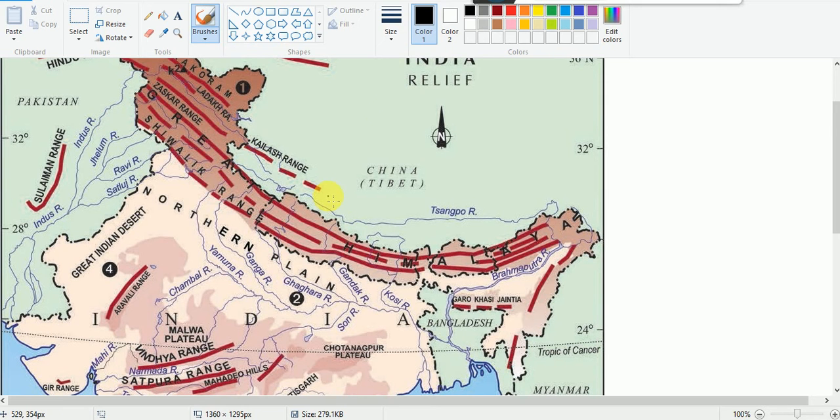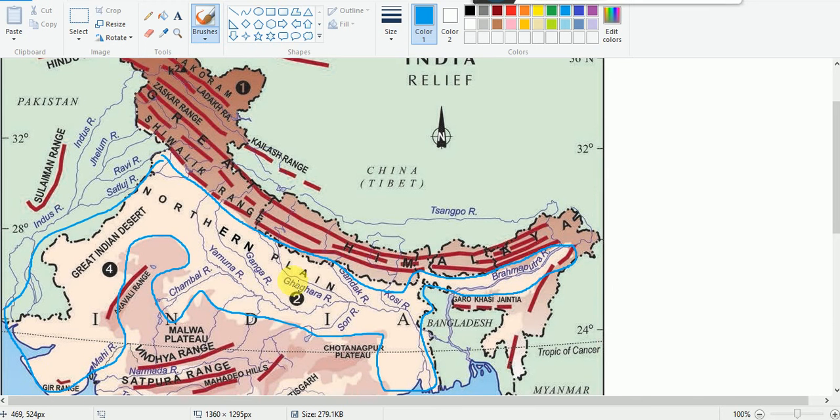So here the northern plains lie here. Okay, here we have the northern plains, and here we have the Brahmaputra valley. Then all these areas are coming under the northern plains.